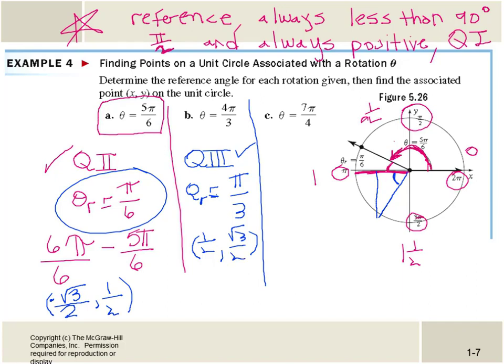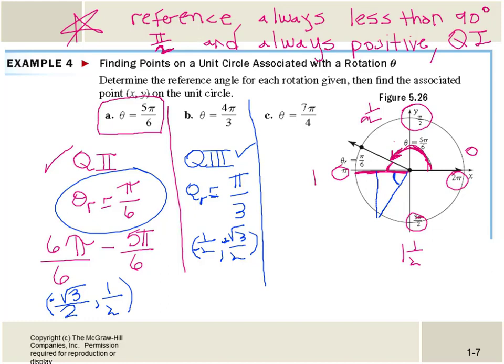Okay, and in quadrant 3, what are the signs? They're both negative, exactly. So negative and negative. All right? Are we catching on at all? It's pretty easy, right? Once you get the basics, it's not that hard.